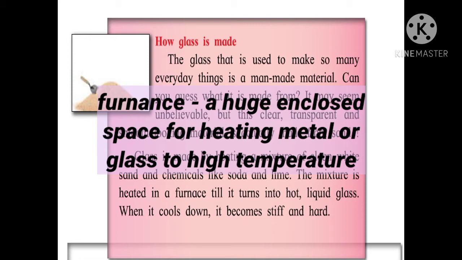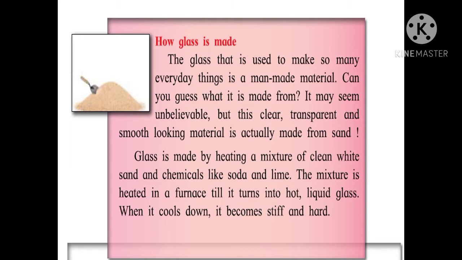To heat it, you need high temperature, and that's the reason it has to be heated in a furnace. In this container only, metal or glass is heated because they need high temperature.